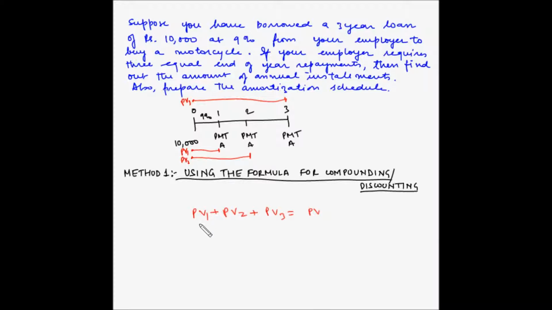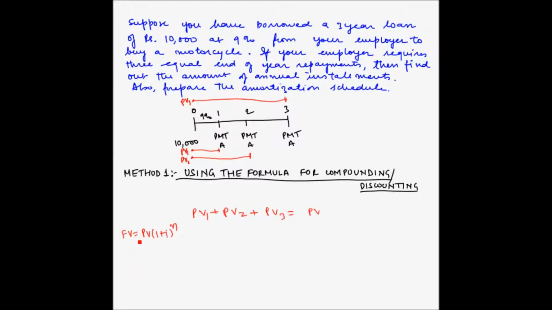So let's now find out the values of PV1, PV2 and PV3. So we know that future value is equal to present value into 1 plus I to the power n.